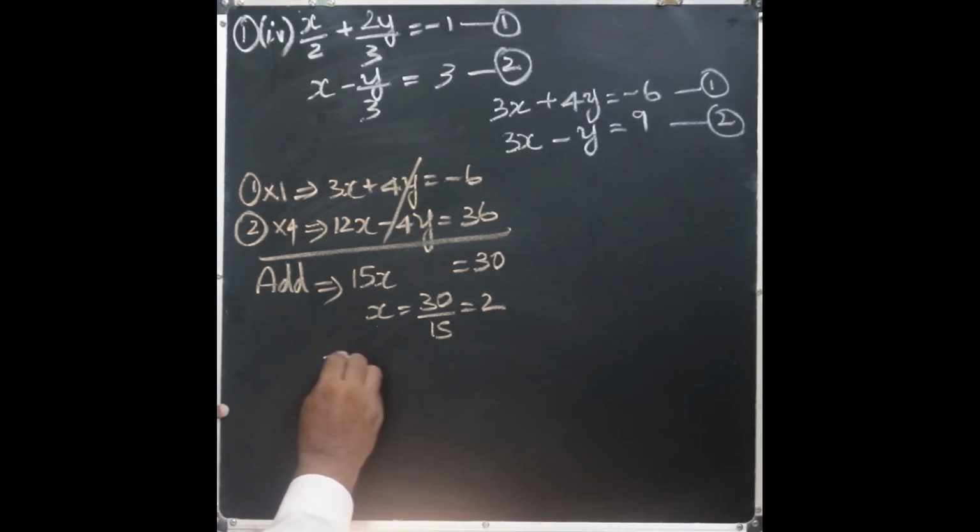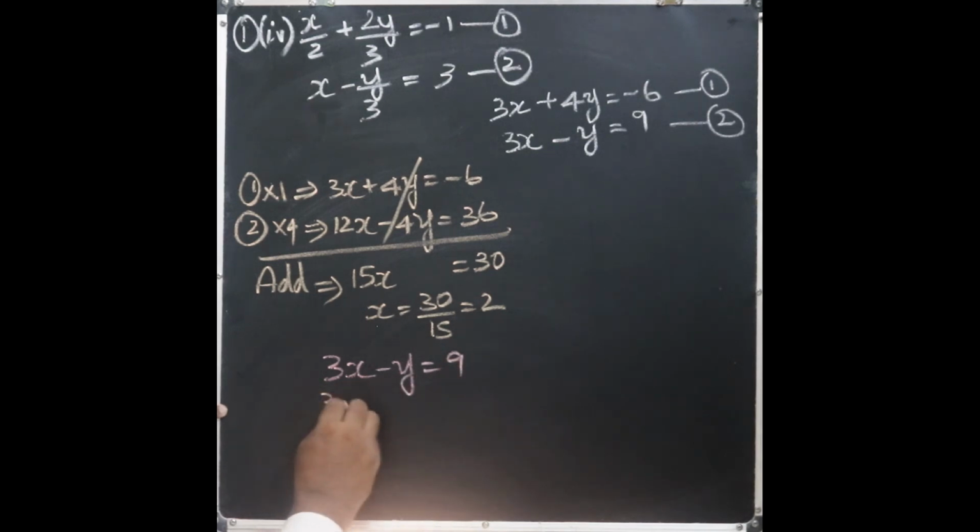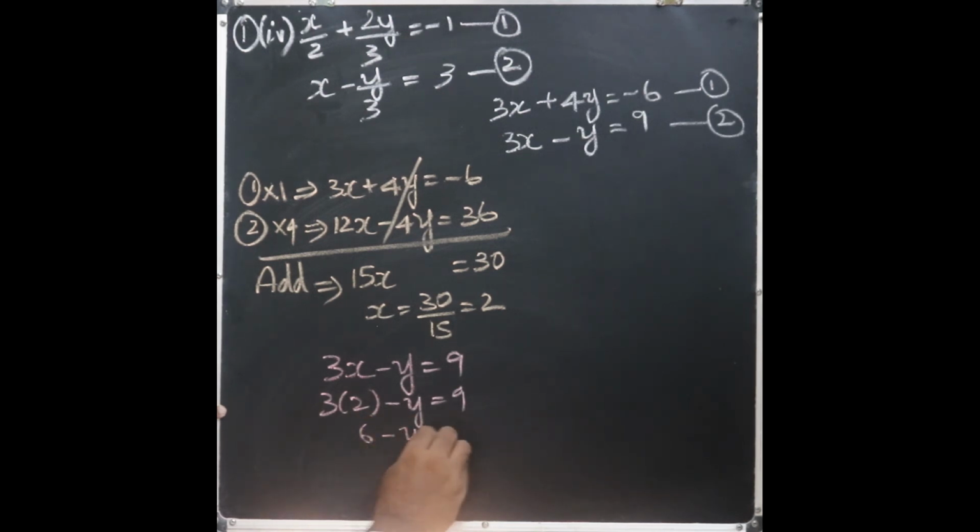We have 3x minus y equal to 9. 3 into 2 minus y equal to 9. 6 minus y equal to 9. Minus y is going to be 9 minus 6, that is 3. So y is going to be 3 divided by minus 1, that is minus 3.